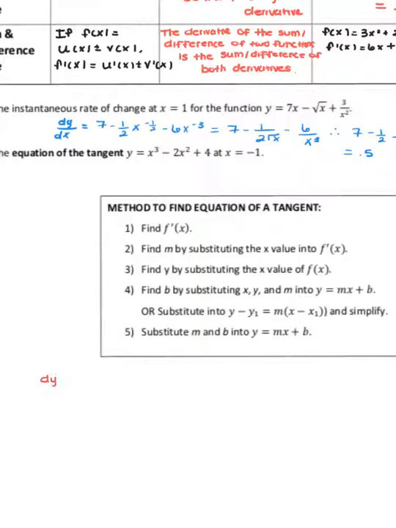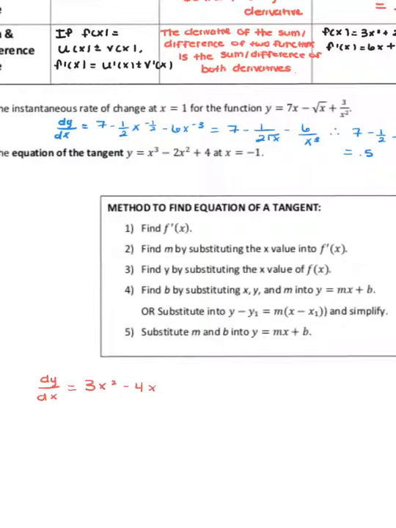So I'm going to say dy over dx, remember that's another way to write the derivative, is equal to, and I'm going to use my power rule, okay? 3 goes out front, 3x squared. The 2 goes out front, and you subtract 1 from the power, 4x, and then the derivative of a constant is 0. So that's my derivative.